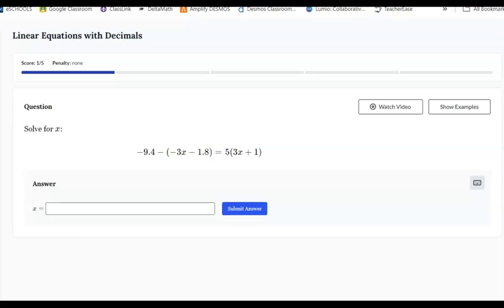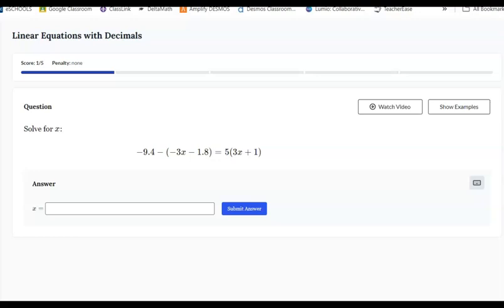And be careful, like this one here. See this negative 9.4? That is not what's being distributed. It's this negative sign that's being distributed. And anytime you have a negative sign all by itself, there really is this invisible coefficient of 1 there. I'm going to multiply negative 1 times each of those items. And then you can continue to solve.